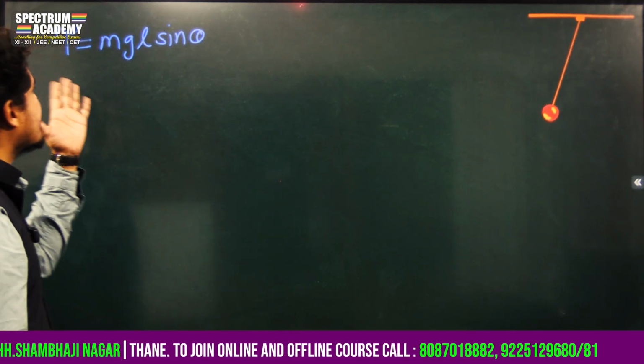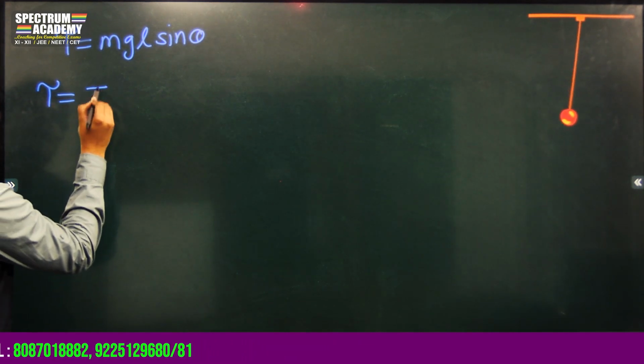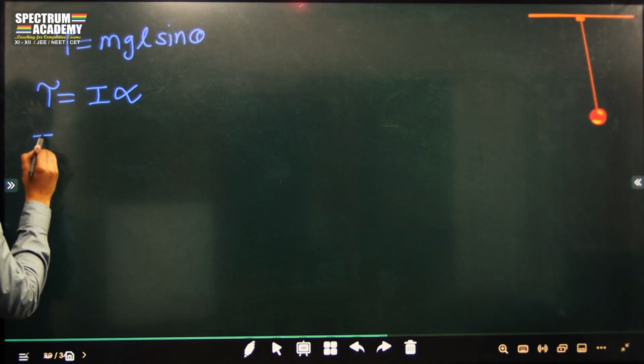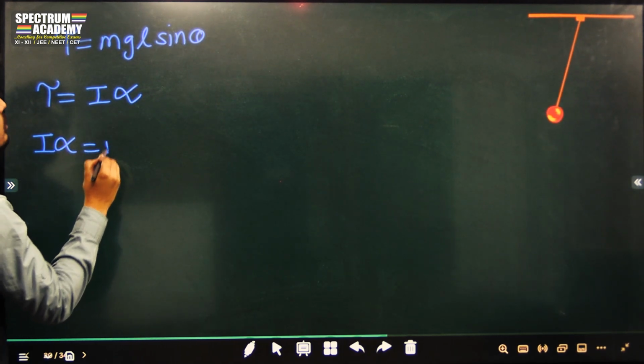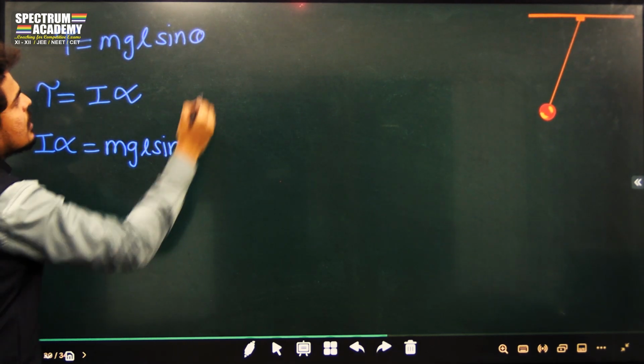But torque equals what? I alpha, we know. So we can equate I alpha equals mg L sin theta.